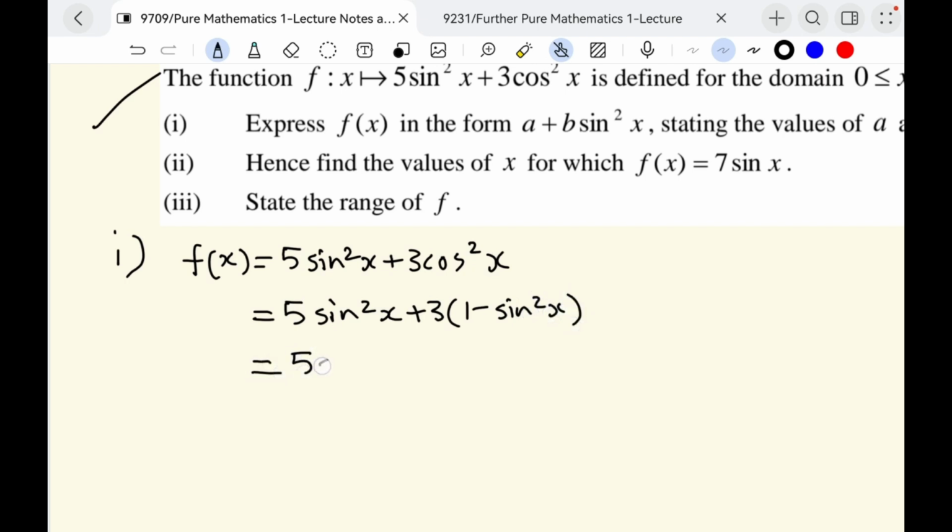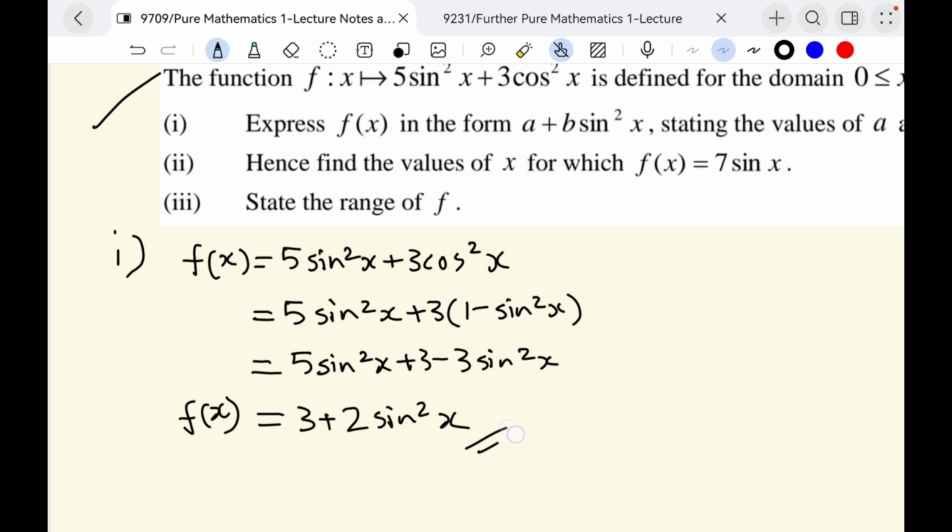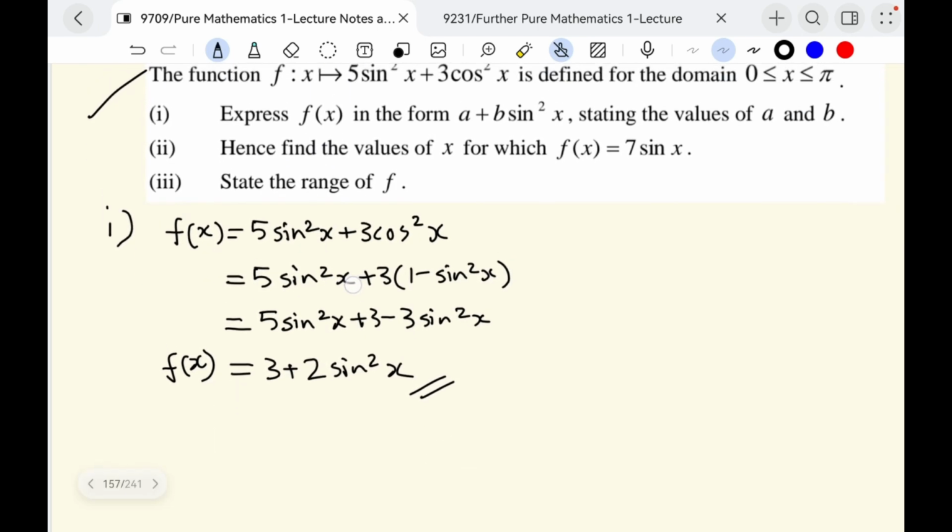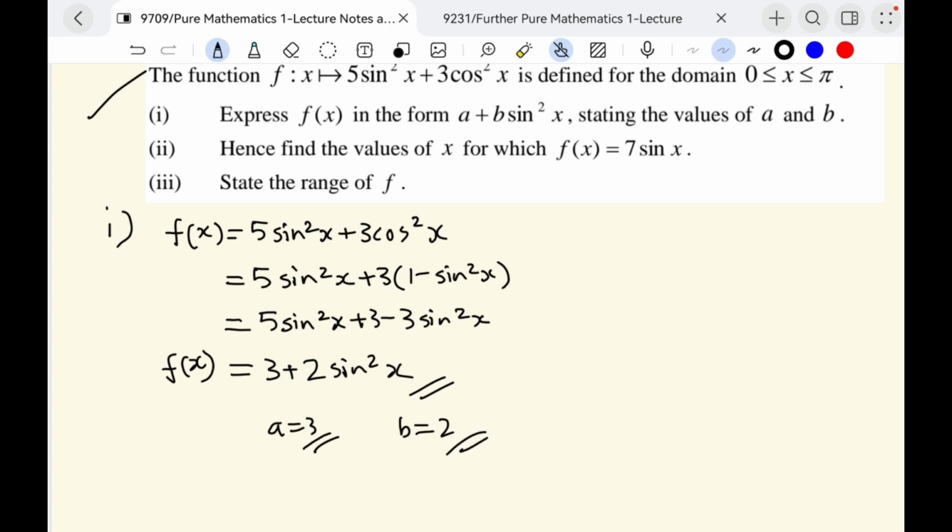So we have 5 sine square x plus 3 minus 3 sine square x. Okay? Rearrange and simplify it. 5 minus 3 is 2, so 3 plus 2 sine square x. So that's the answer for f(x), only in terms of sine square x. And also you need to state the value of a and b by comparison. a equals 3 and b equals 2. That's all. Okay.